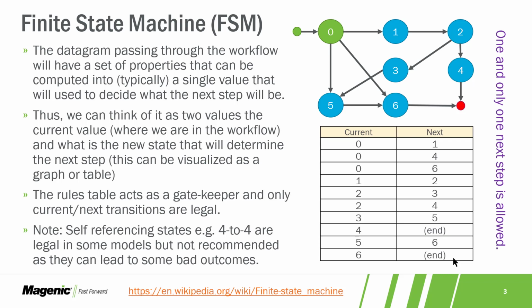And you can have self-referencing states. In finite state machine lectures that are more focused on math or abstract parts of theoretical computer science, you see scenarios where you could have loops, where 4 could go back to 4 for some reason, where we're going to reprocess over and over again. In the practical use case we're talking about, where we want to force progression through the workflow.